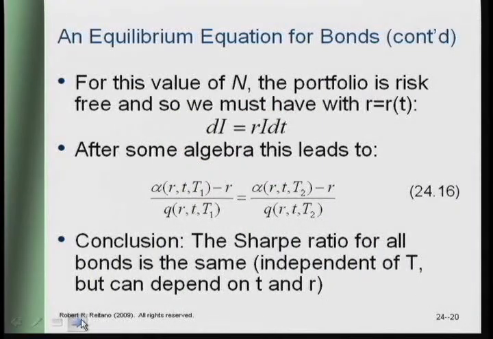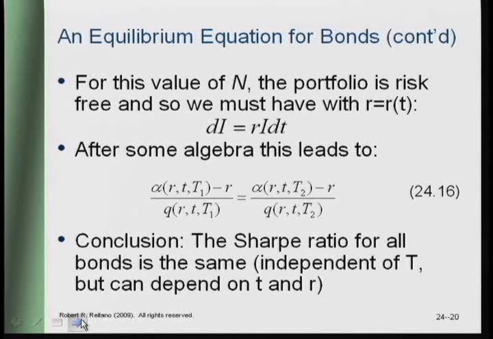Now for this value of N, the portfolio is going to be risk-free because that was the design. We eliminate the dZ terms, and because it's risk-free, it must be that dI is equal to R times I dt.